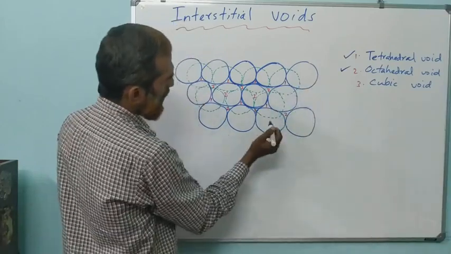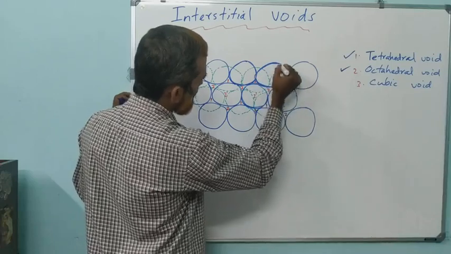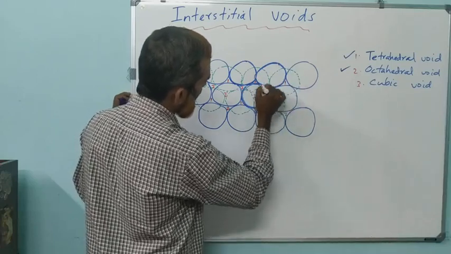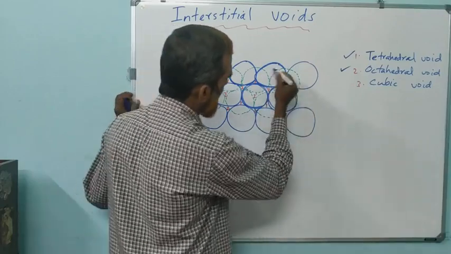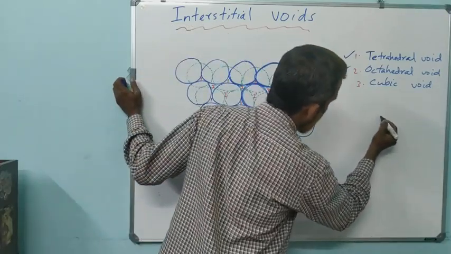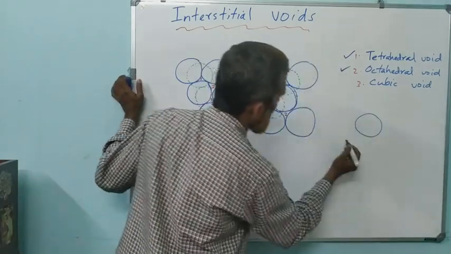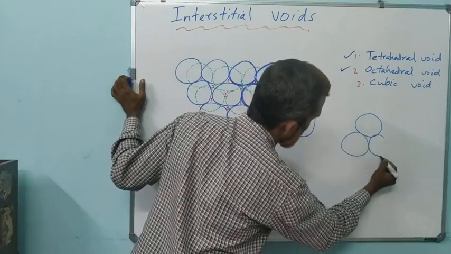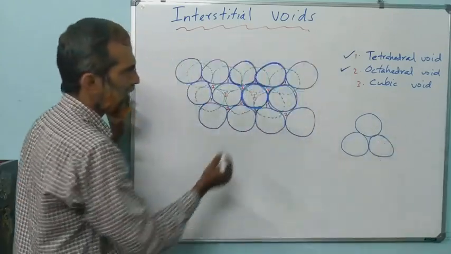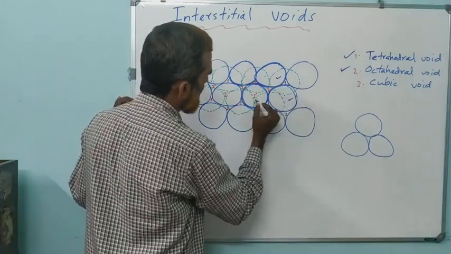In the first layer, you consider these particles 1, 2 and 3. Okay, these three spheres of the first layer, the blue spheres, I am drawing here.